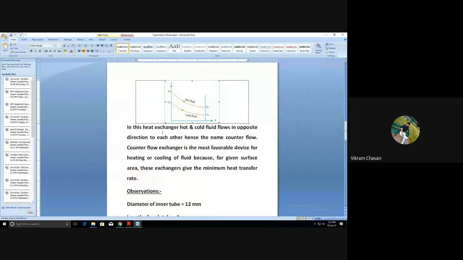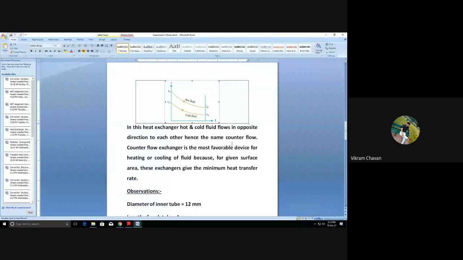Okay, so in this heat exchanger, hot and cold fluids flow in opposite directions to each other, hence the name counter flow. Counter flow heat exchanger is the most favorable for heating or cooling of a fluid because for a given surface area, this exchanger gives the maximum heat transfer rate.